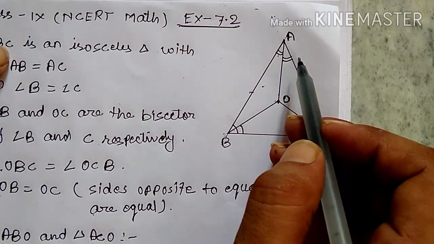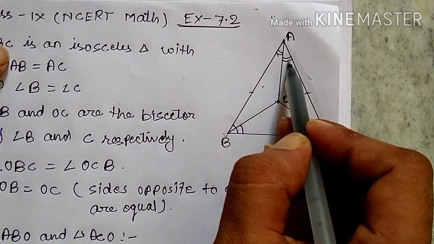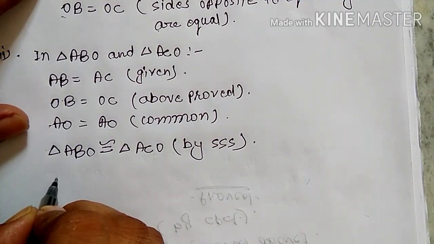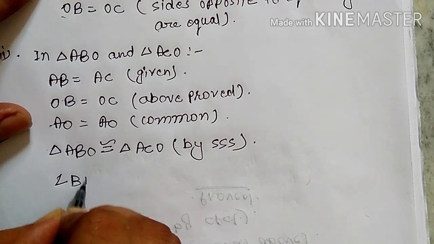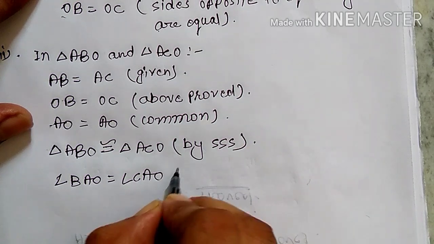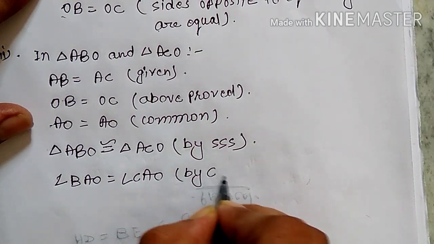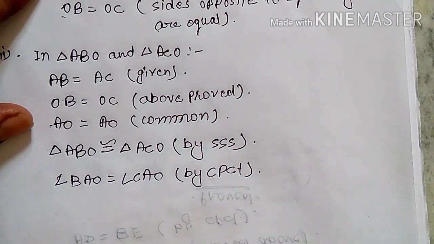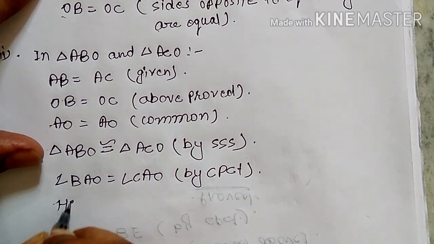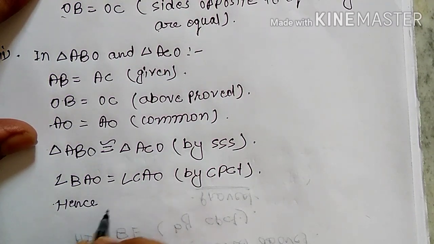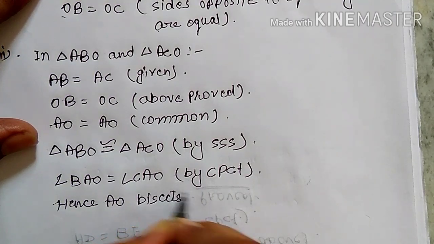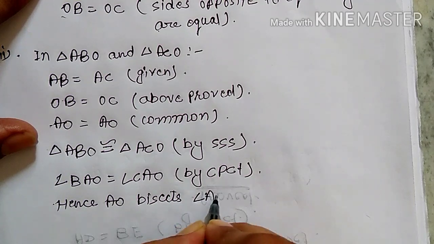Here we need this angle equal to this angle. So we can write angle BAO is equal to angle CAO by CPCT. Hence AO bisects angle A. Proved.